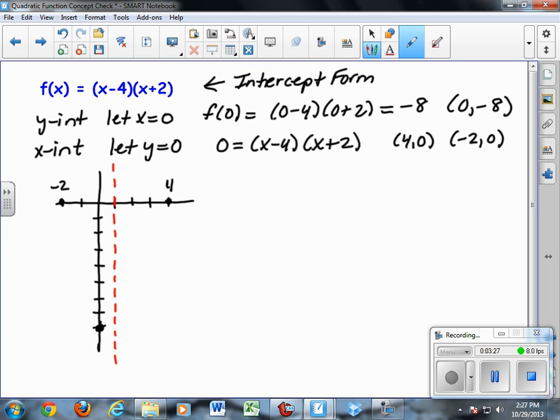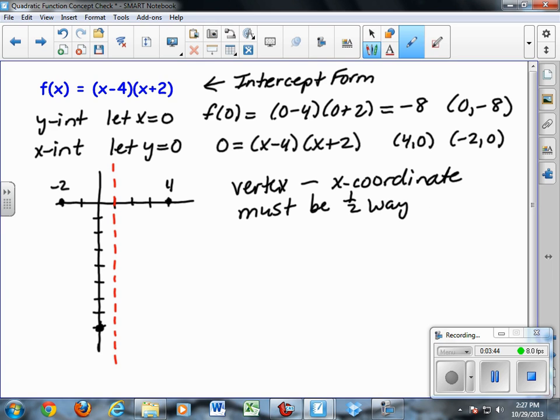So I know the vertex, the x-coordinate, has to be halfway between the two zeros. The zeros are another name for x-intercepts.